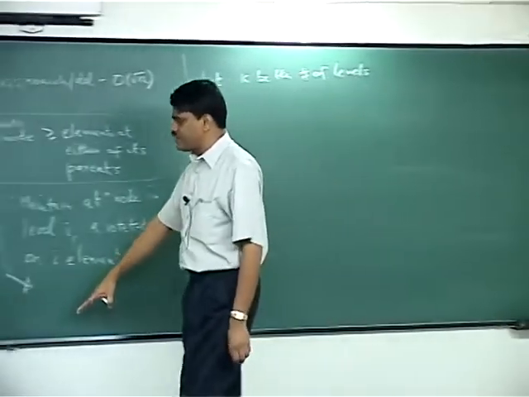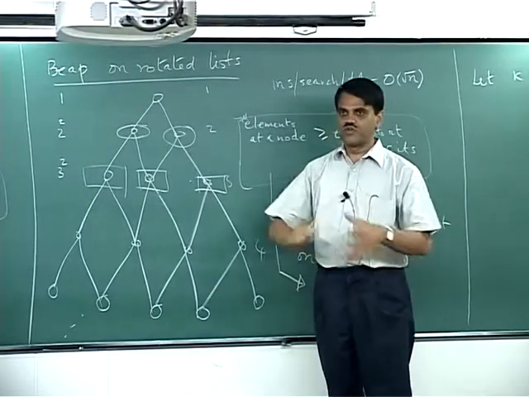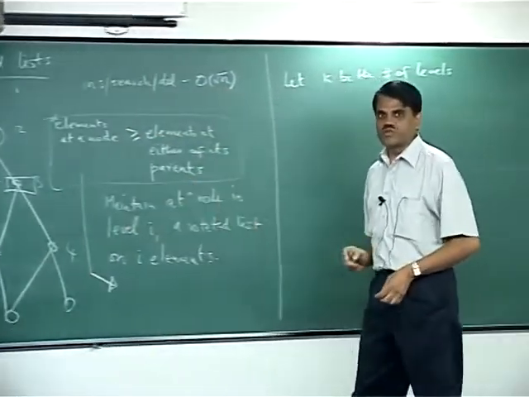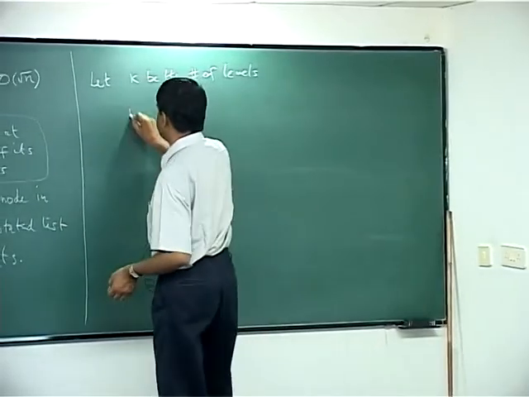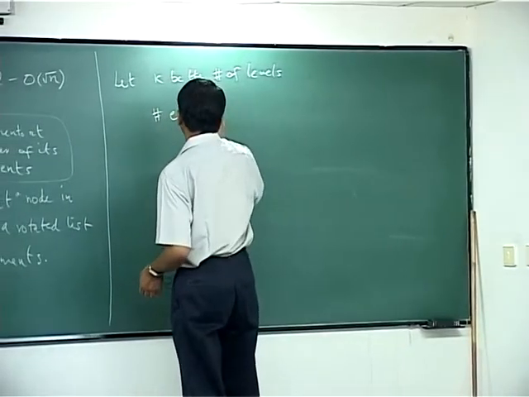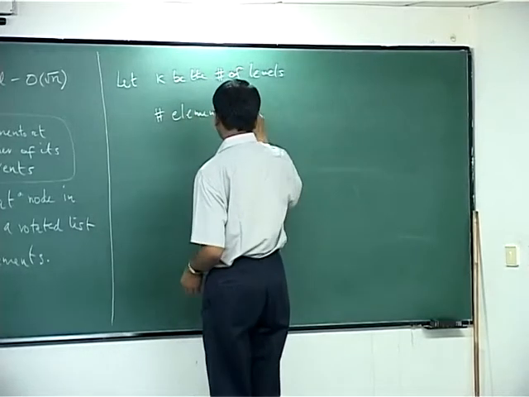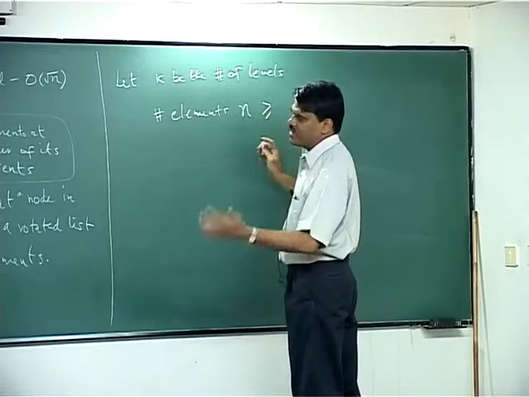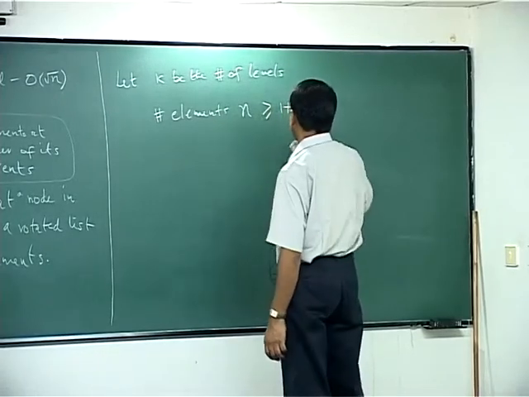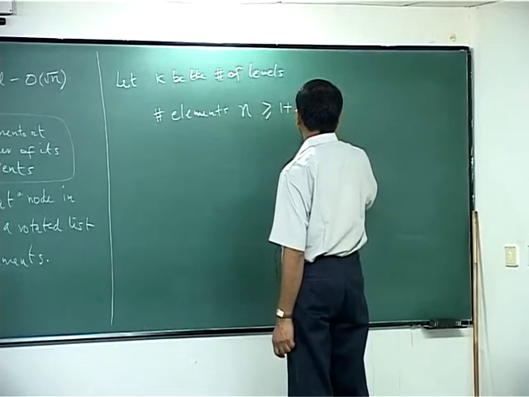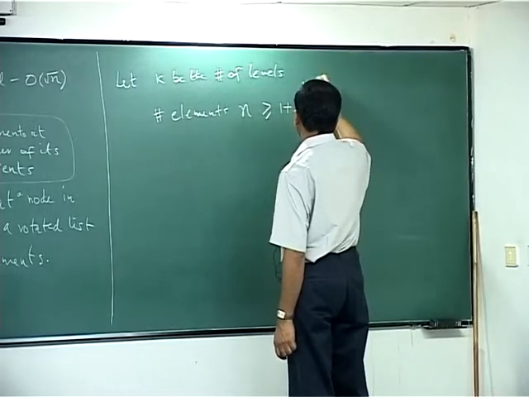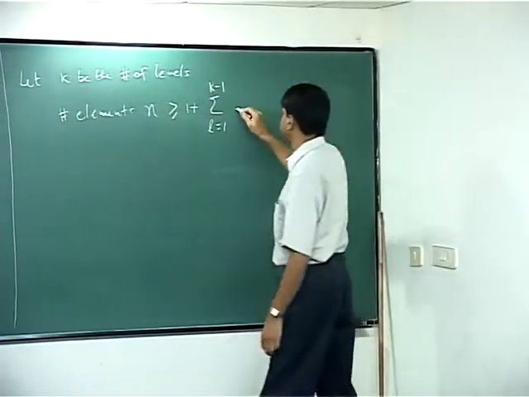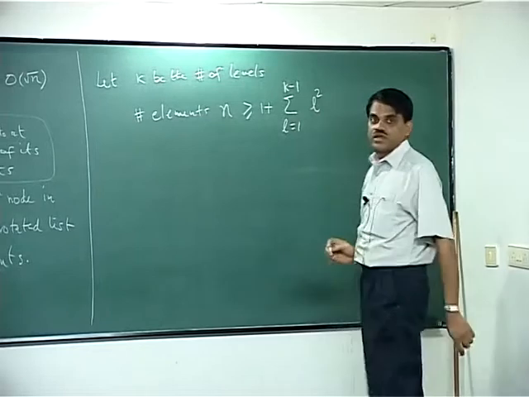As always, the kth level may not be completely full, because your number does not add up the way we want it. So, except for that, up to k minus 1 levels, everything is full. So, the number of elements n is greater than or equal to, let us say in kth level it has only one element, maybe 1 plus how many elements are there in L-th level? L square. So, that is what it is, right.